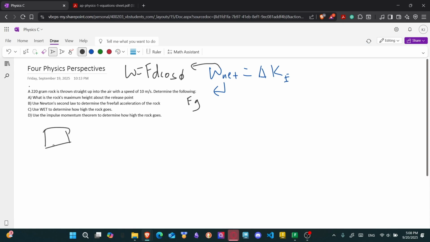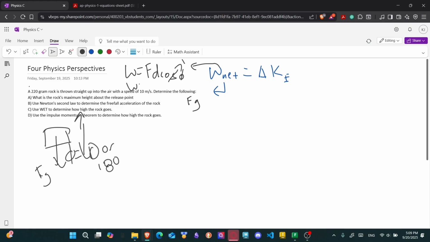This is your FBD. The force of gravity is pointing down, and phi is the angle relative to the direction of motion. Let's say the rock is moving down, so phi is equal to 0, or 180 if moving up, and cosine of 0 or 180 is equal to 1 in magnitude.